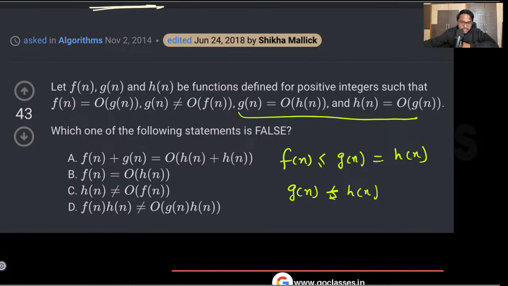So that's really interesting. See what they are saying. If one function is Fn, which is big O of Gn, and another function, let's suppose Gn, is not equal to big O of Fn, then what does this imply? Can anyone tell me? See, they have given two things.